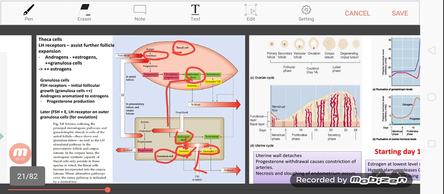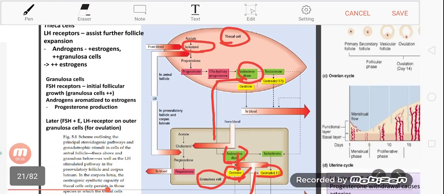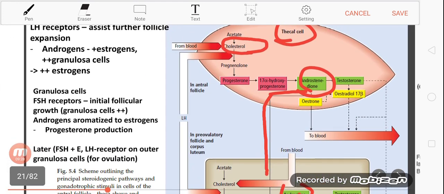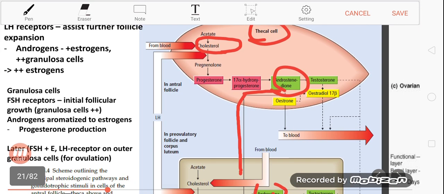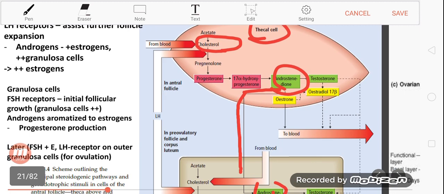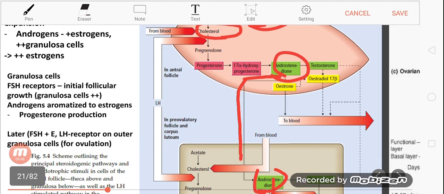Theca cells have LH receptors. Granulosa cells have FSH receptors. So they initiate follicle development and follicle growth. As granulosa cells increase in number, the androstenedione received from theca cells is aromatized into estrogen, and then will cause its effect in the system. This also happens in terms of progesterone production.